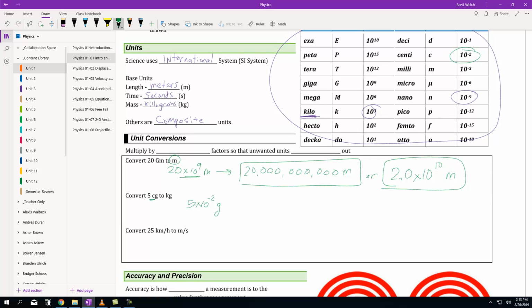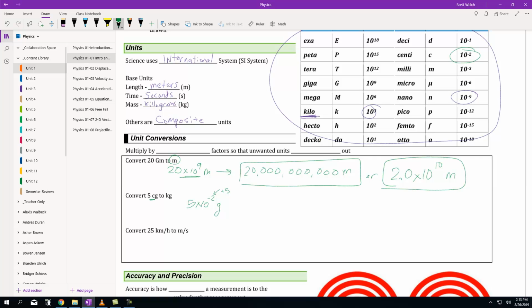So now I want to turn that into kilograms. Well, to convert something into kilograms, it has to be 10 to the 3rd. So the question is, how do I make that a positive 3? Well, because it's a negative 2, I would have to add 5 to it, right? Add 5 to negative 2, you're going to get positive 3.